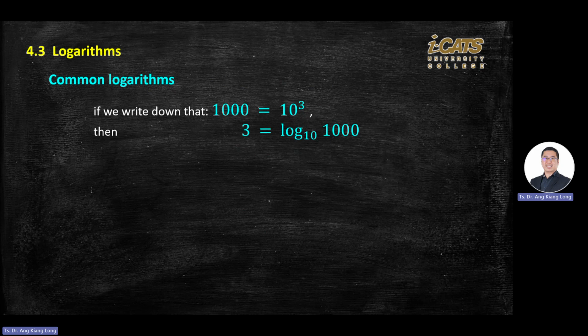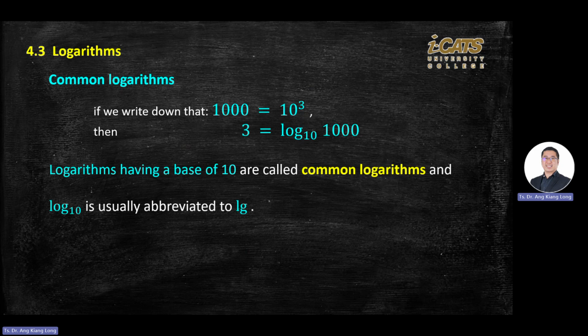Okay, this is a common log. Common log means base 10. 1000 equal to 10 power 3. You can write 3 equal to log base 10 of 1000.